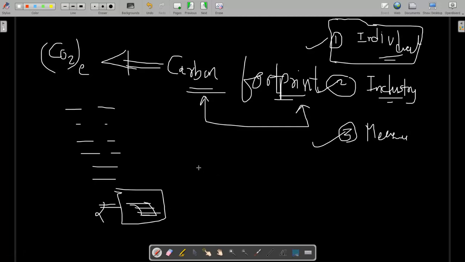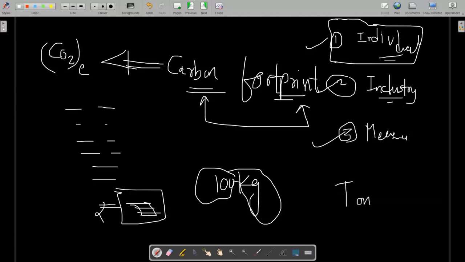For example, if by our activity we release around 100 kg of carbon dioxide into the environment, our carbon footprint will be 100 kg. Generally it is measured in tons of CO2; the standard unit is tons of CO2. So this is the basic thing about carbon footprint.